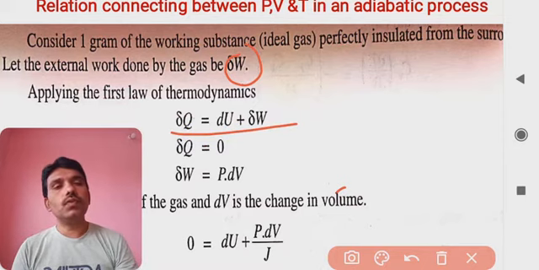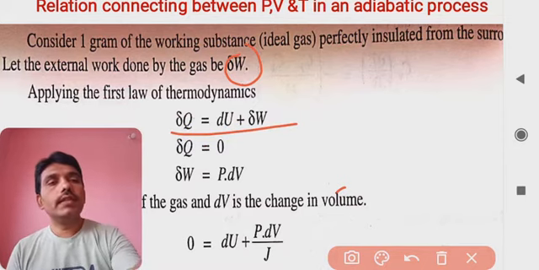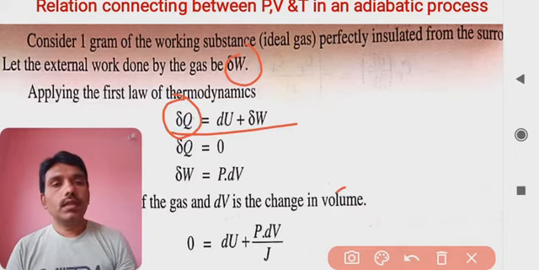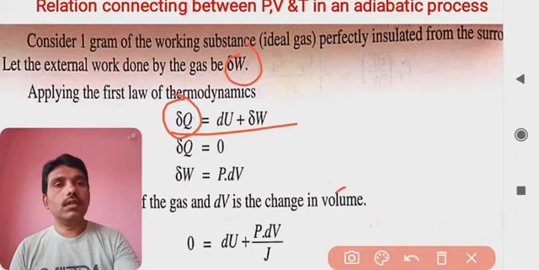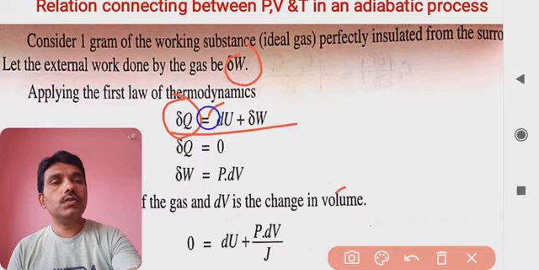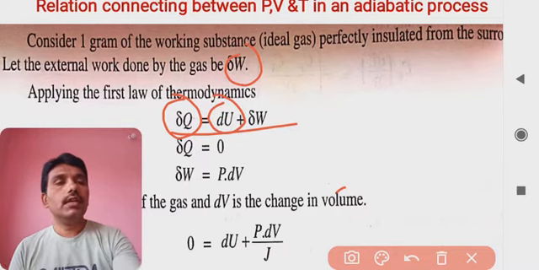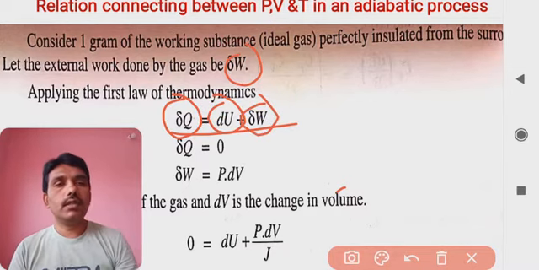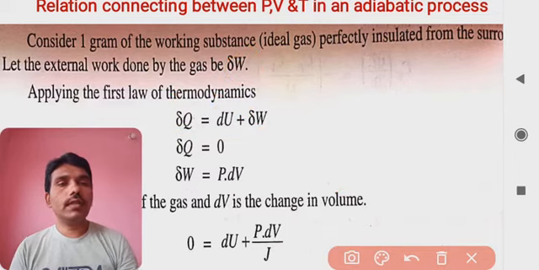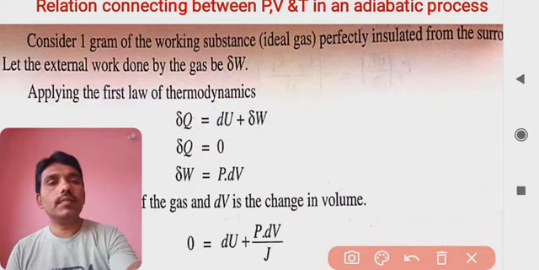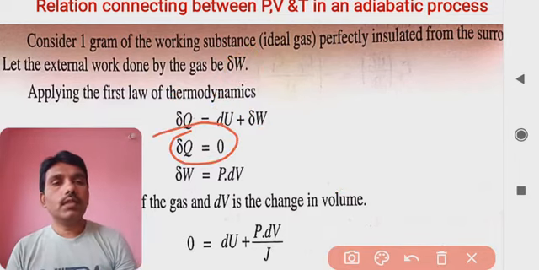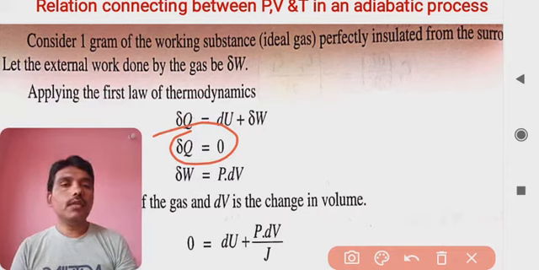Now as we know from the first law, when external heat is given, a system takes the external heat and uses it for its internal energy, and some amount of work is done. In this case, the external heat is not coming in, since it is perfectly insulating, so del Q will be 0.